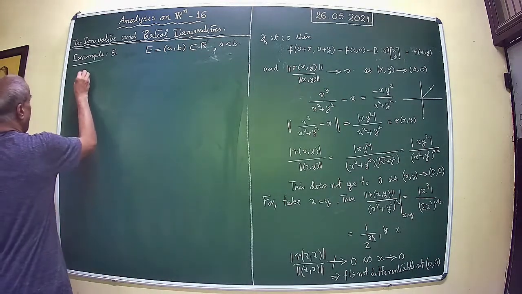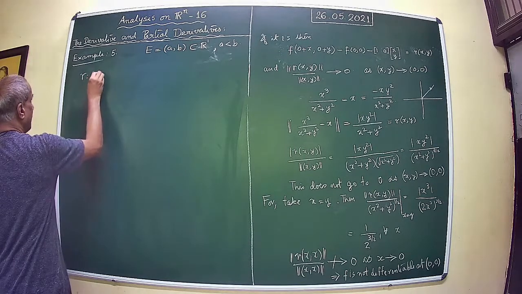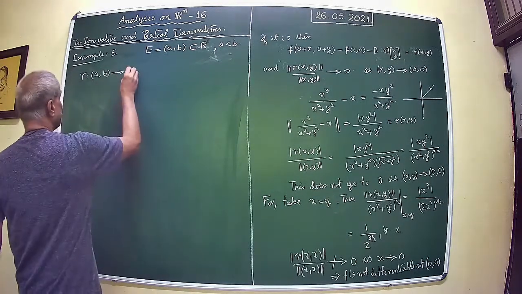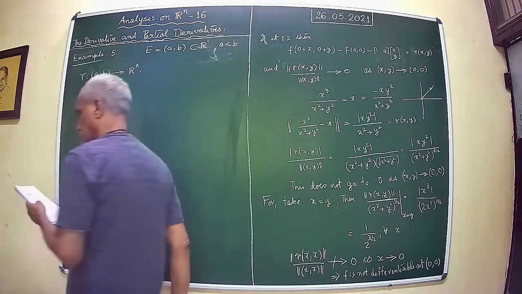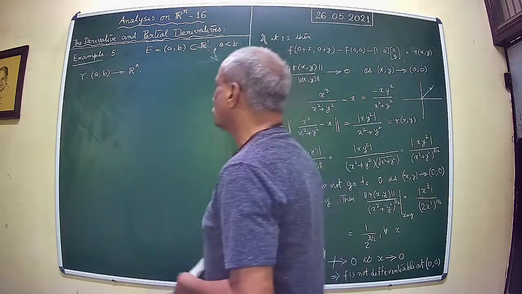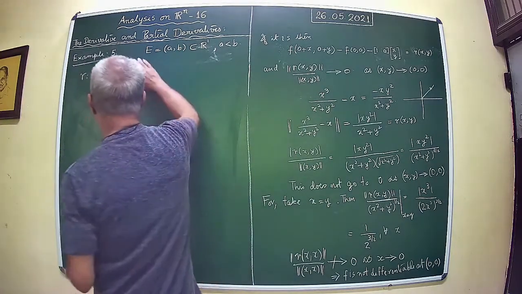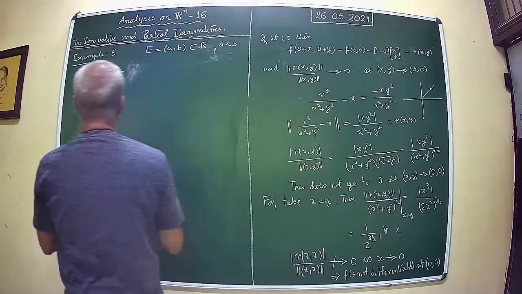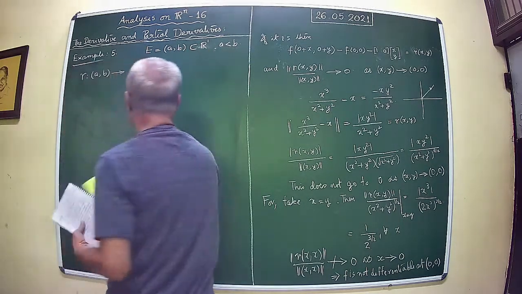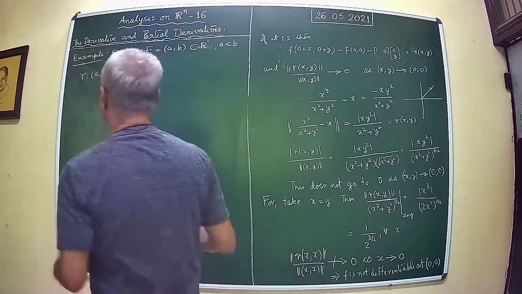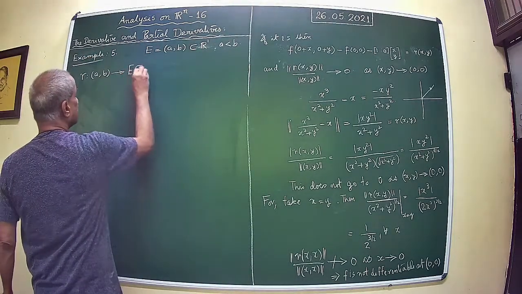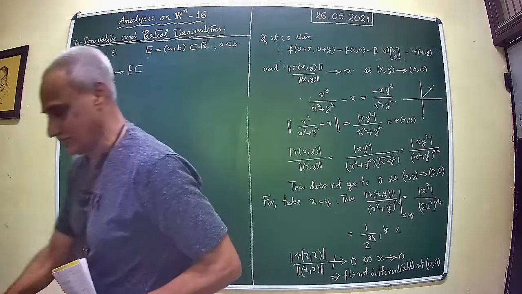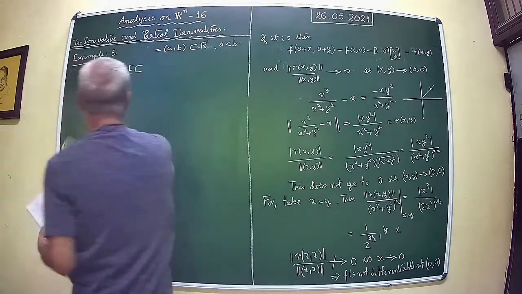Now we take gamma to be a map from an interval I into some part of AB, into E. Let me use I here.